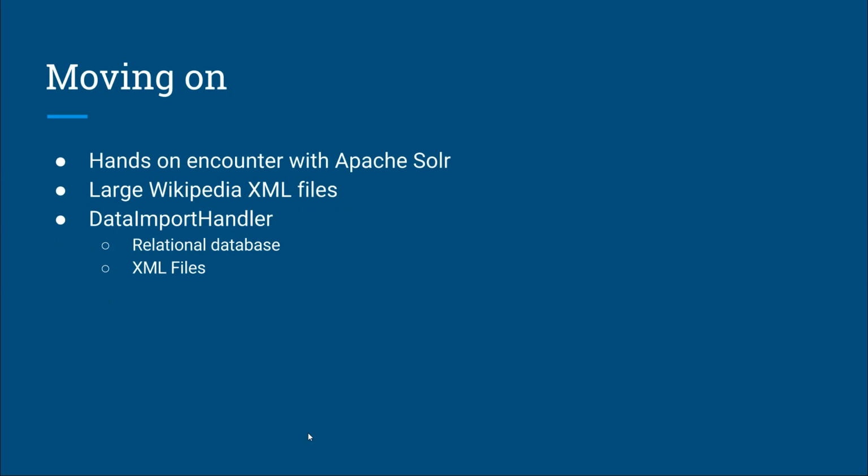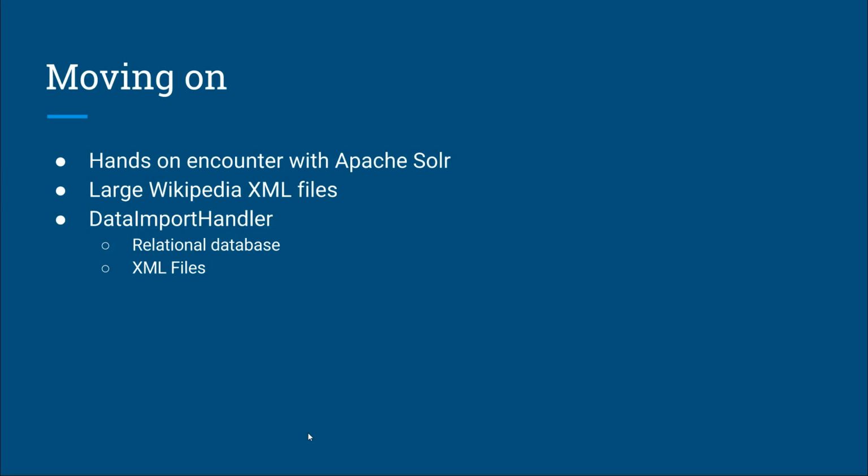So moving on, we will now provide a hands-on encounter with Apache Solr, and in this case we will use large Wikipedia XML files, which are available for free online. You can just get the Wikipedia data dumps of varying sizes.